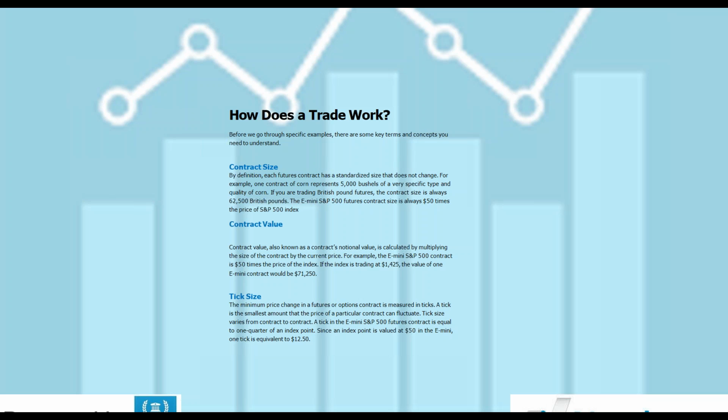Then there's contract value. Contract value, also known as contract notional value, is calculated by multiplying the size of the contract by the current price. And then there's tick size. That's how much it costs you each time it moves up or down a single tick. The minimum price change on a futures or options contract is measured in ticks.